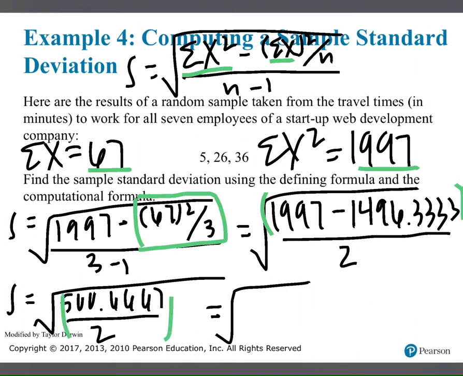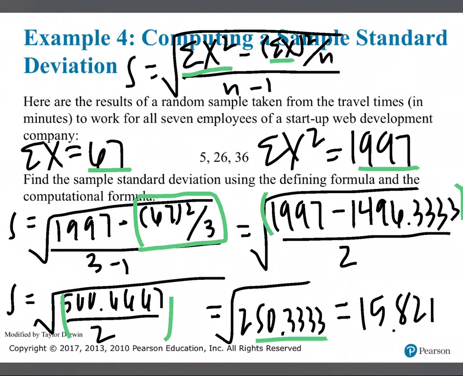I get 250.33333. Okay, remember this number, we haven't talked about it very much. That's your variance. That's what happens right before you square root it. A lot of people forget to square root it. Don't forget to square root it. When I square root it, I get 15.8219. I'm going to put S equals. And that's your sample standard deviation.